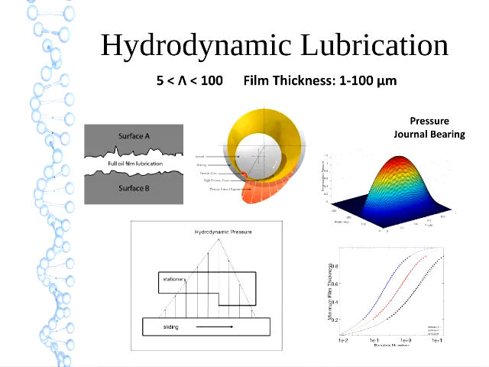You can see that in the center top schematic, and then the calculated pressure profiles from a journal bearing on the right. You can also see on the upper left a typical surface here. You've got the full film lubrication separating the surface, and on the bottom left you've got a parallel step slider bearing. Because there's no elastic deformation, the lubrication problem for these is much easier to calculate.